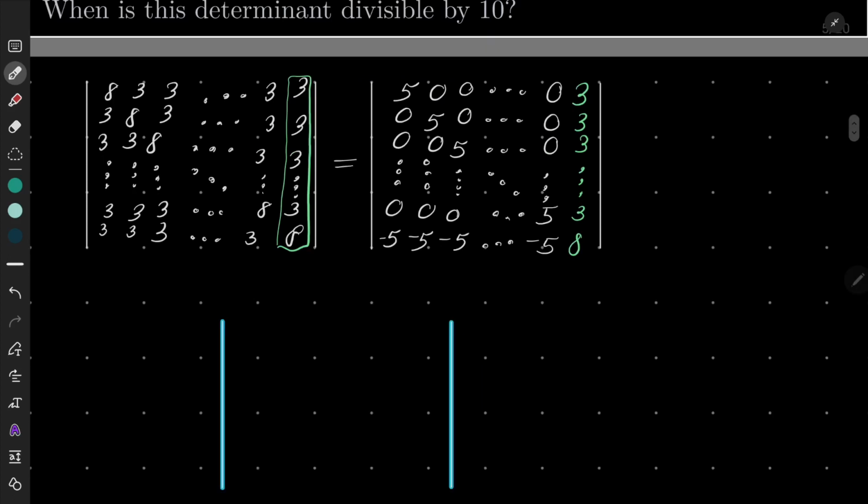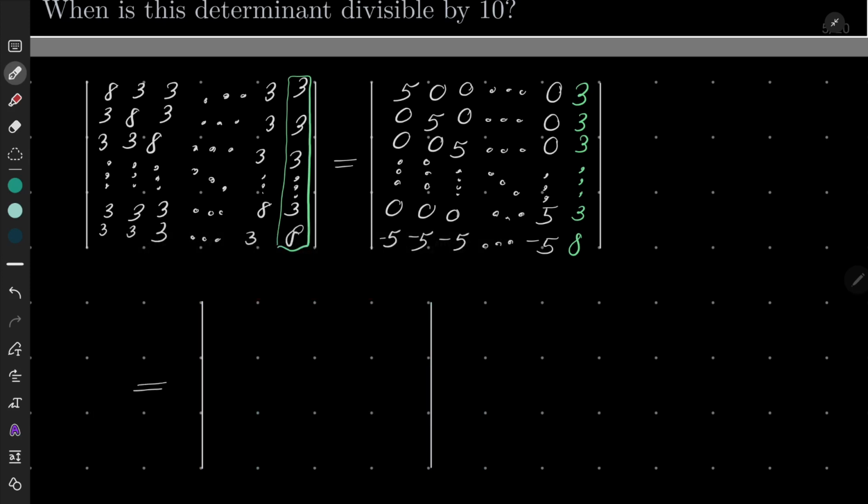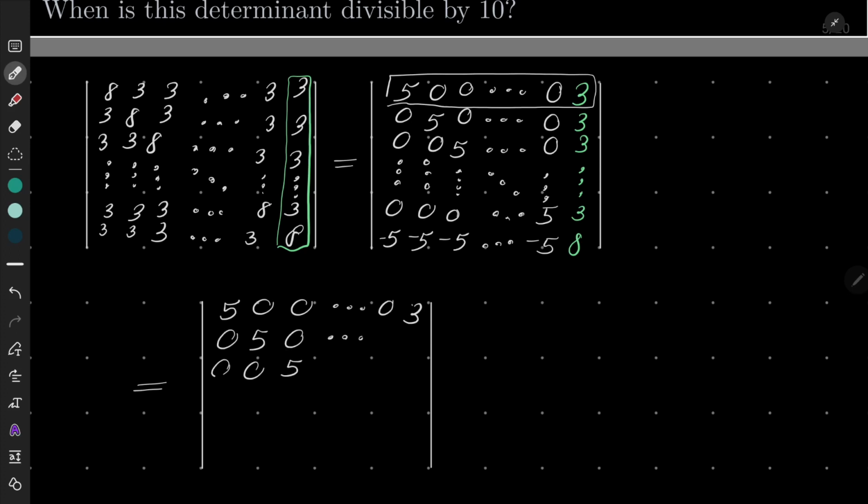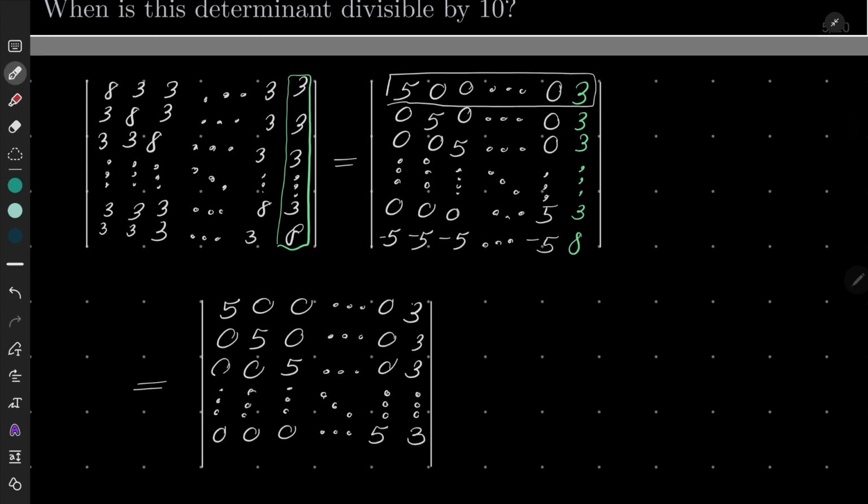Now I will take every row of our matrix and add it to the last row. First the first row, and so on.